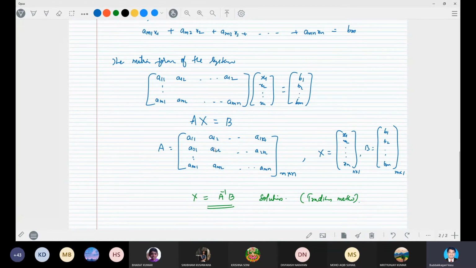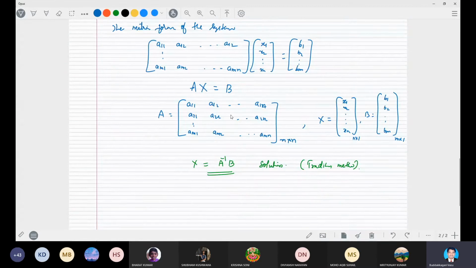Before going to that methodology, we will discuss the nature of the system. A system AX is equal to B is said to be, here are some basic points I'm writing.